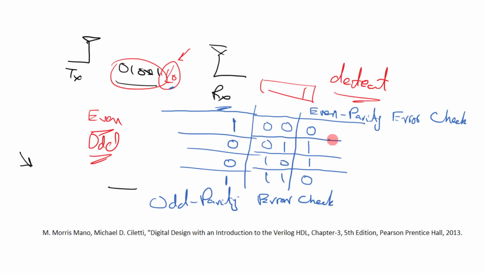Now let me repeat, if you want to study the parity generator or parity error check circuit in detail, please consult this book and read chapter number 3. In chapter number 3 you will see 4-bit parity circuits. You will see a 4-bit even parity generator as well as a 4-bit even parity error checker.